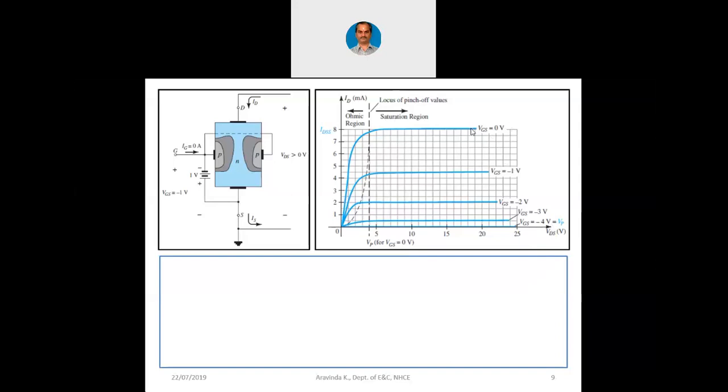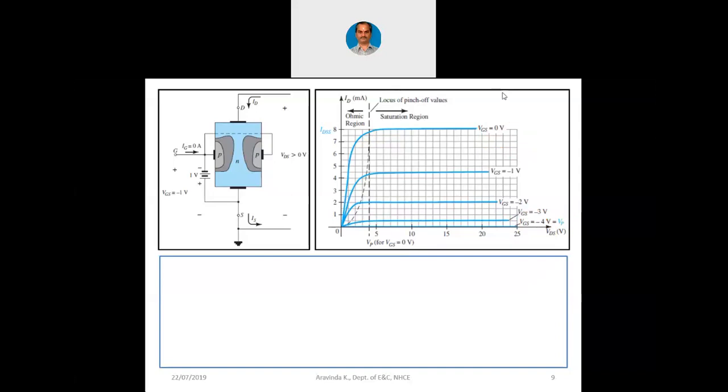When VGS is 0 volts, VP is 4 volts. You can see this, no? But when VGS is minus 4 volts, what is VP? VP is 0, which means what? In the cutoff region, when VGS is minus of VP, the transistor is fully off. That is the meaning there.